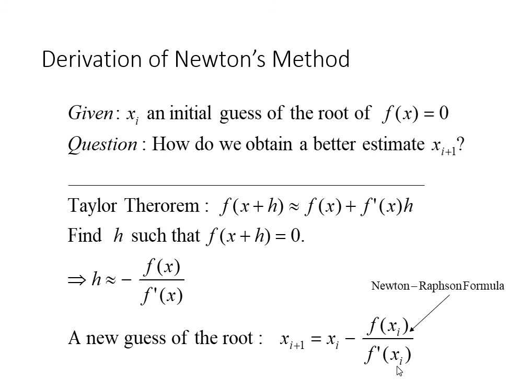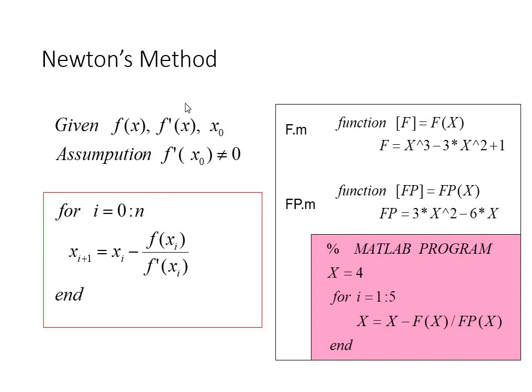This formula is known as the Newton-Raphson formula. So for the Newton-Raphson formula, you need the function, you need the first derivative, you need your initial guess, and this first derivative evaluated at your initial guess should not be equal to 0.